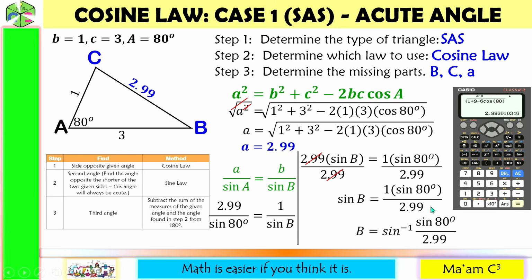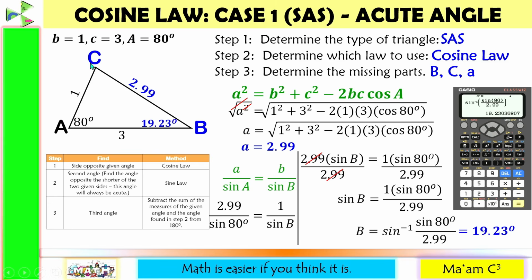Let us solve for this one. So we have shift sine of sine 80 degrees divided by 2.99. And this is equal to, rounded off to the nearest hundredths, 19.23 degrees. Angle B is equal to 19.23 degrees.